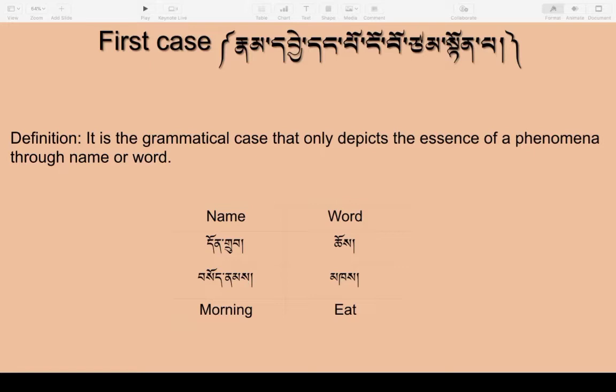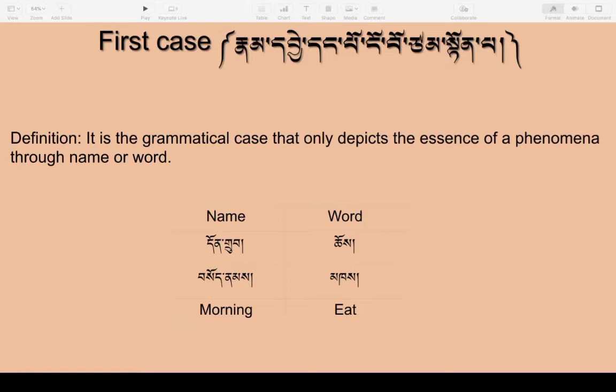And the very essence of each of these phenomena, whether you're describing the essence in the sense of action, or in the sense of description, or you're referring to the essence of the phenomenon in the sense of name only.